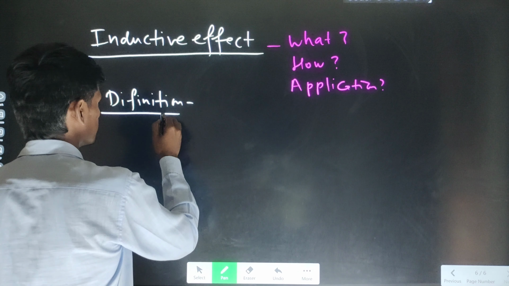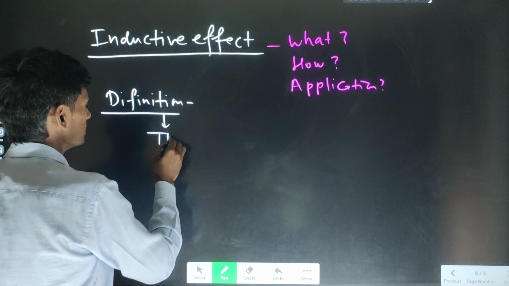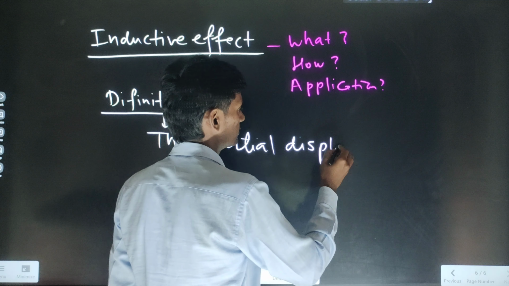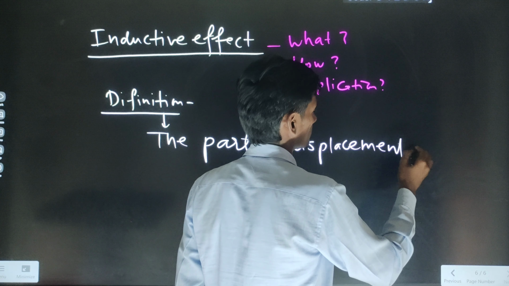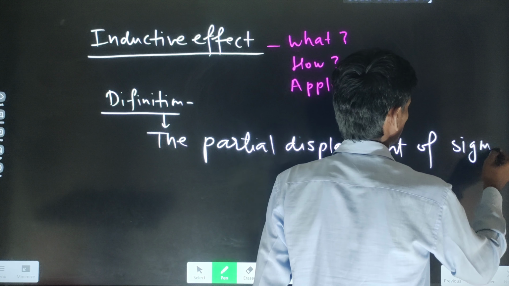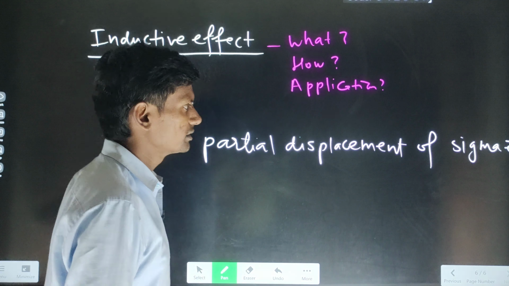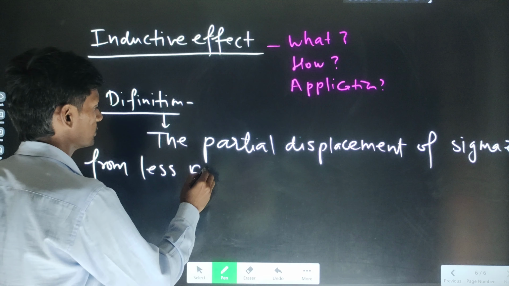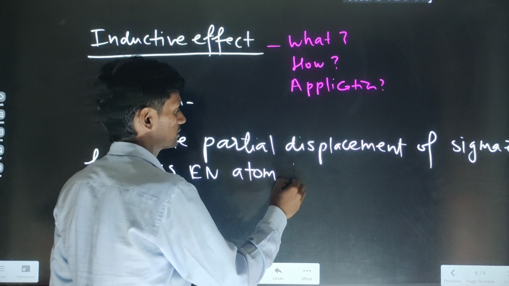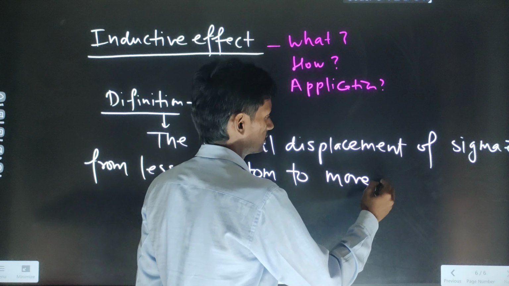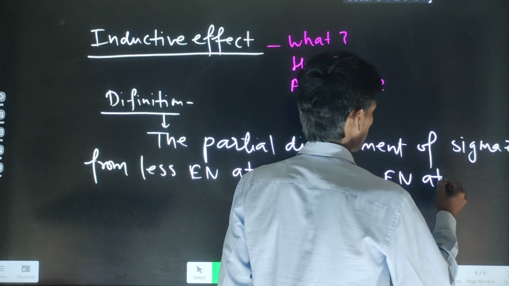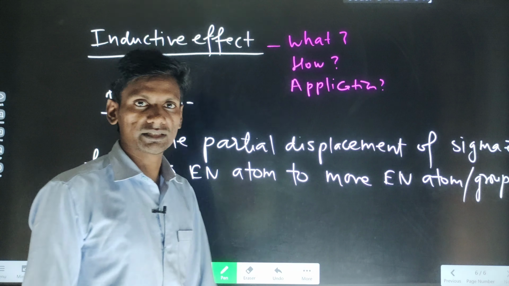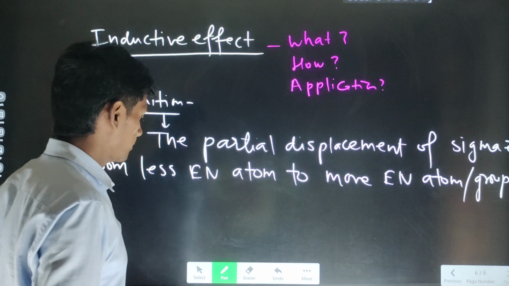Then we can say that it is the partial displacement of sigma electron from less electronegative atom to more electronegative atom or group. Okay, then this is the definition, and further we move to how it operates.